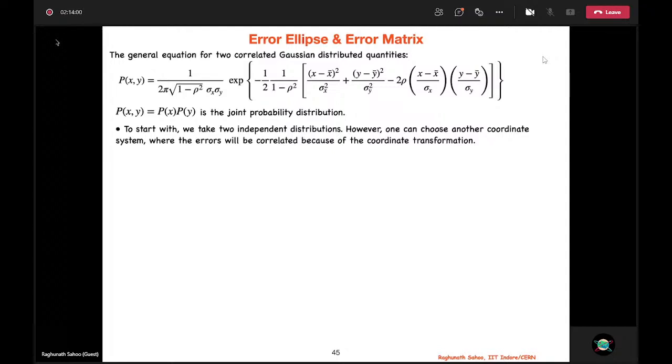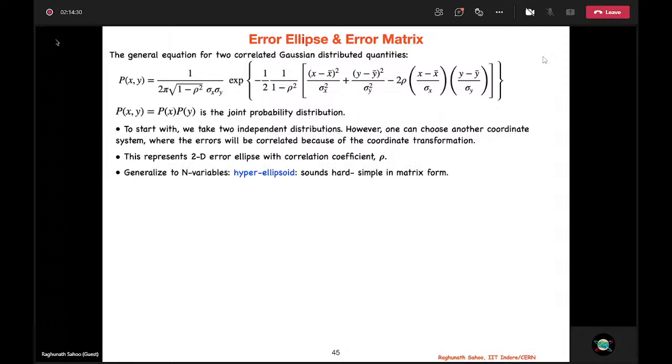As I told you, errors will be mixed up, correlated. Mixed up means correlated if I am going for a coordinate transformation. I have seen this from the classical rotation transformation, and also from Lorentz transformations. So this represents a 2D error ellipse with correlation coefficient rho. It is two-dimensional because I am just taking two variables, x and y.